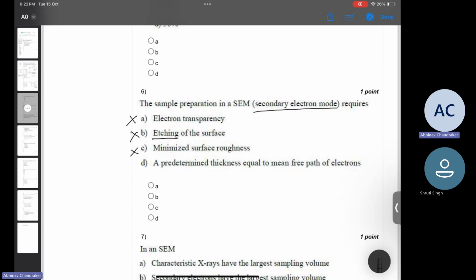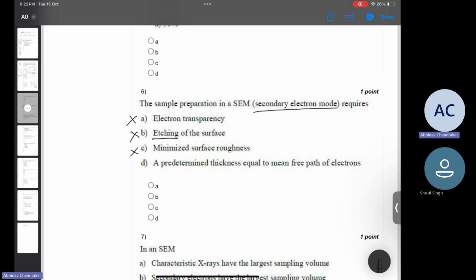Then the fourth option is a predetermined thickness equal to the mean free path of electrons. Mean free path tells you how much an incident electron travels before interacting with any scattering site or any atom in the specimen.